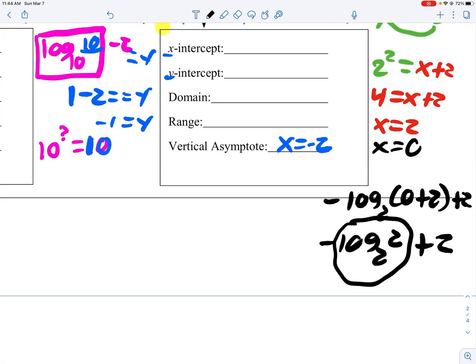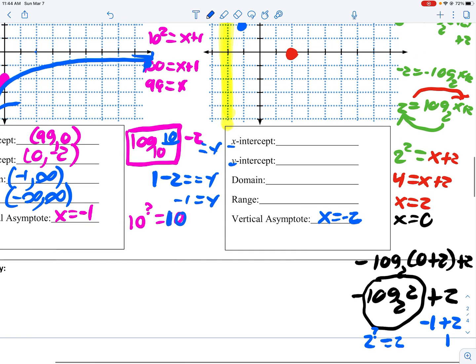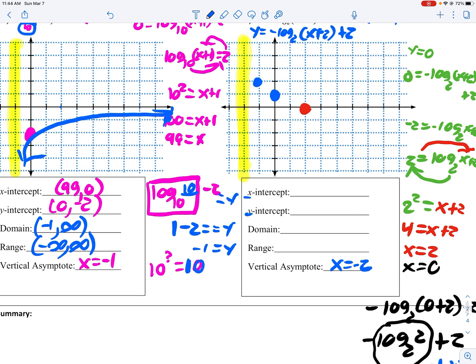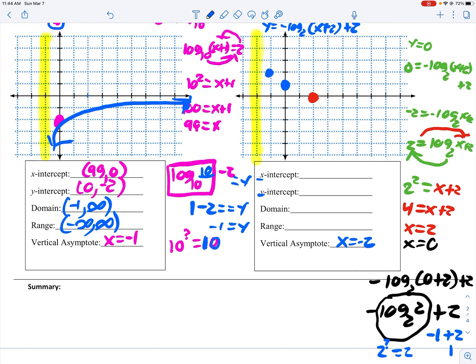It equals a number. This is asking you, 2 to what power is 2? That's 1. So this is really negative 1 plus 2. So it's 1. So the graph is actually going down.